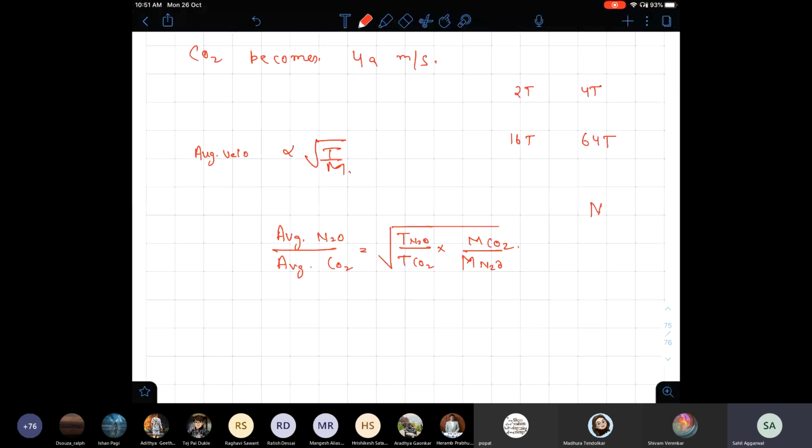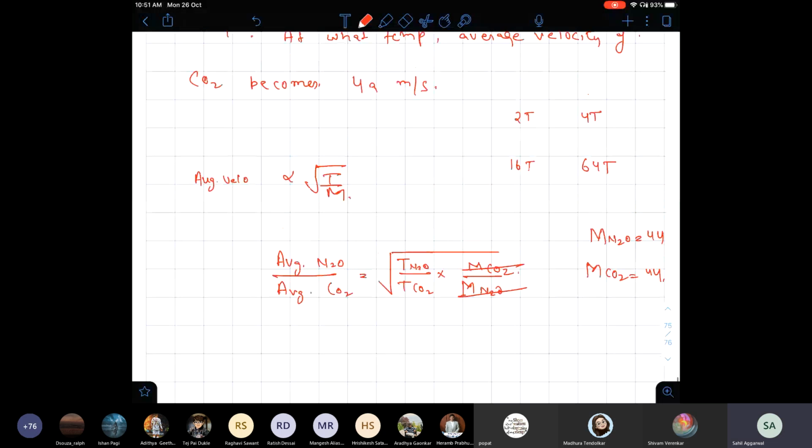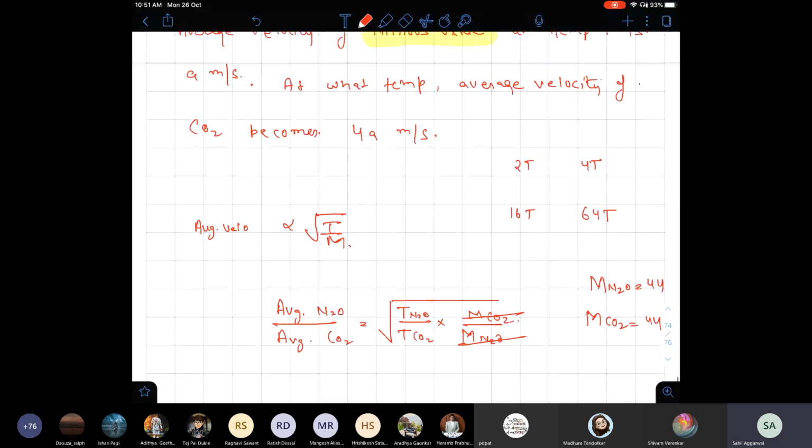Now, mass of N2O is 44, mass of CO2 is 44. ये तो कैंसिल आउट हो जाएगा. What left? Temperature.